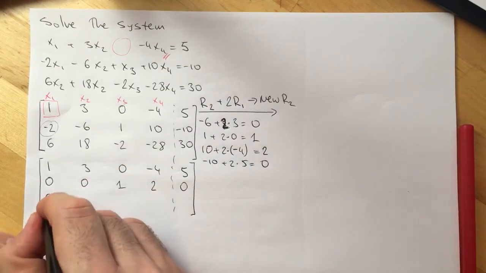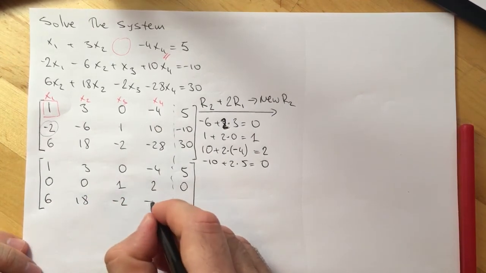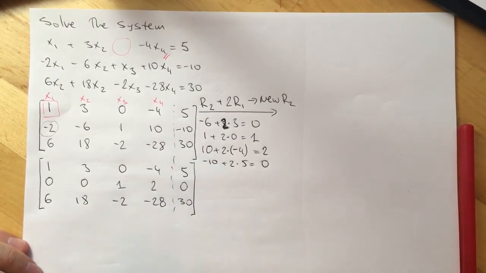And then copy the third row, 6, 18, negative 2, negative 28, 30.